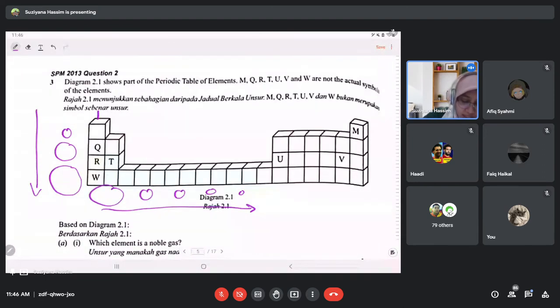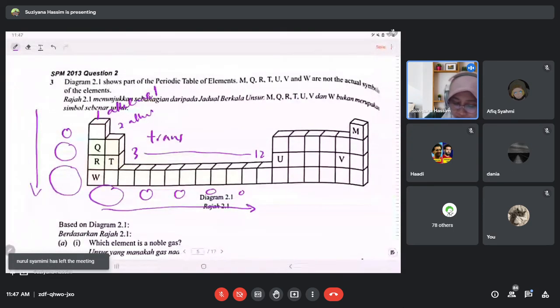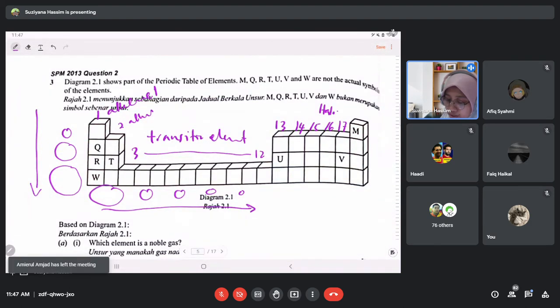Group 1, alkali metal. Group 2, alkaline earth metal. 3 to 12, transition element. 13, 14, 15, 16, 17, halogen. 18, noble gases.